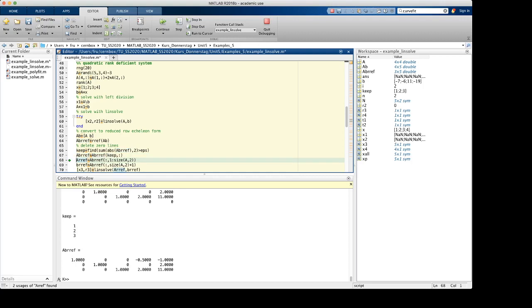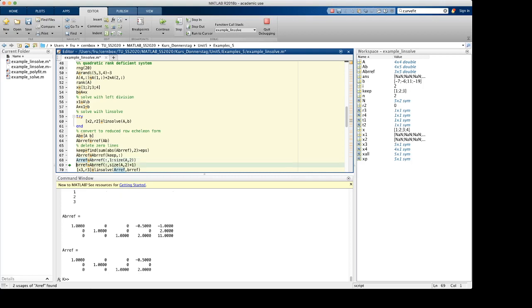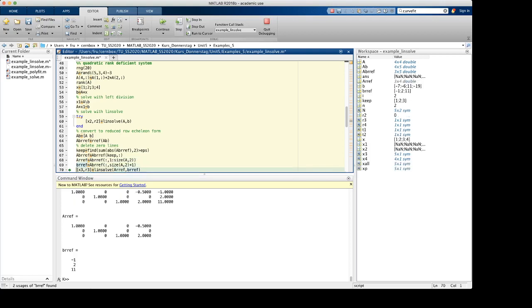Now I extract the matrix on the right-hand side again from this larger matrix. So this is now the system matrix. It's 3 by 4 and the right-hand side with 3 entries.